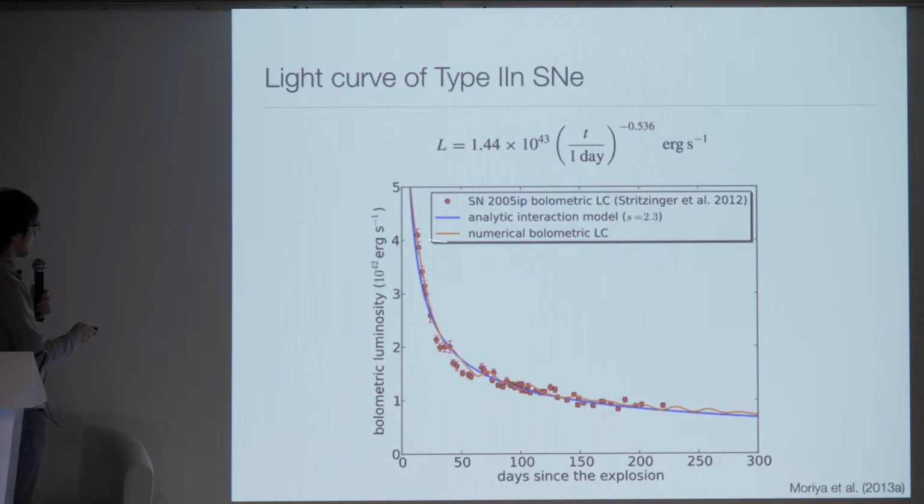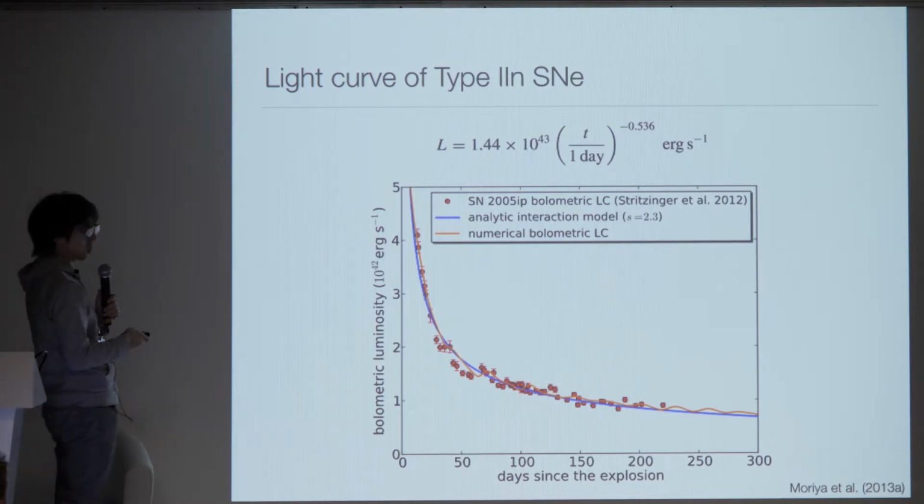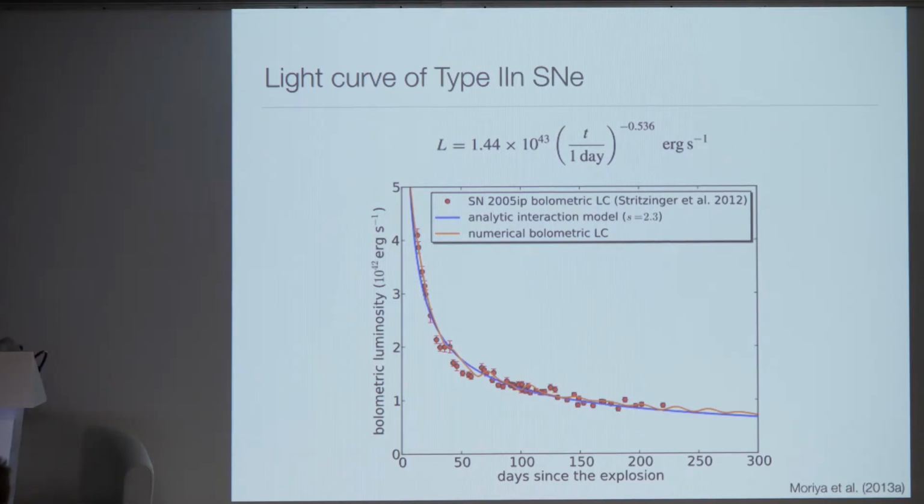This orange line is the result of the radiation hydrodynamics simulation. So we can also see this simple analytic model is doing a good job.